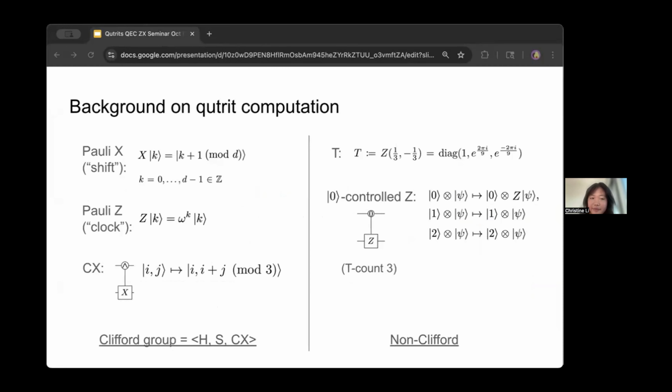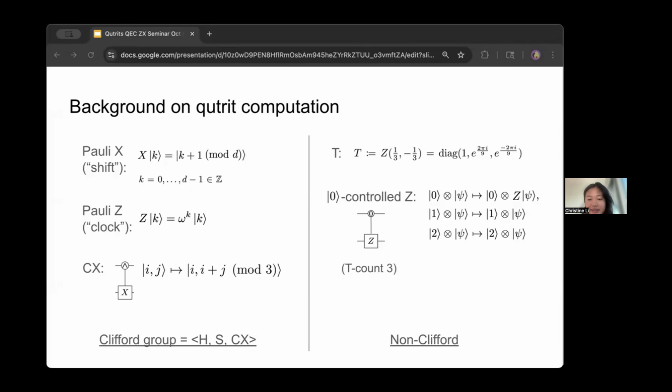Okay, so just a little bit more background on qutrit computation. So we have in the 3-level system 3 basis states, ket 0, 1, 2. And the Pauli X and Z generalize into shift and clock operators. And notice that they're no longer self-adjoint. And then there are 2 different types of control gates that we use in this talk. So the first is the CX gate, and this is sometimes also known as a lambda control X. And this is Clifford.